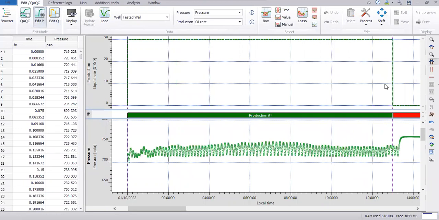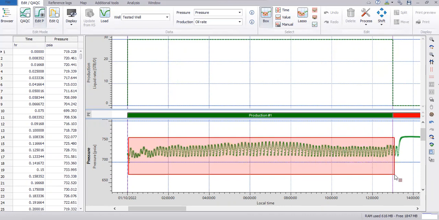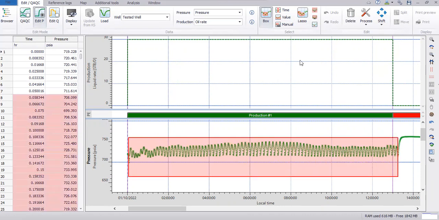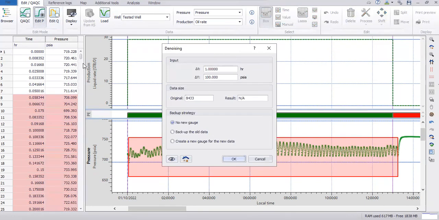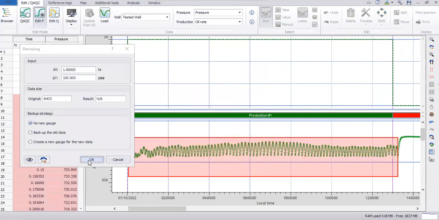Okay. So let me use my box. Okay, so let's try process and least square denoising. Let's try.